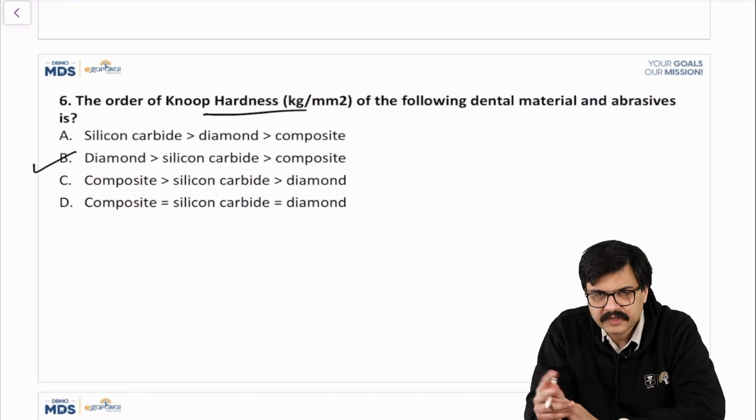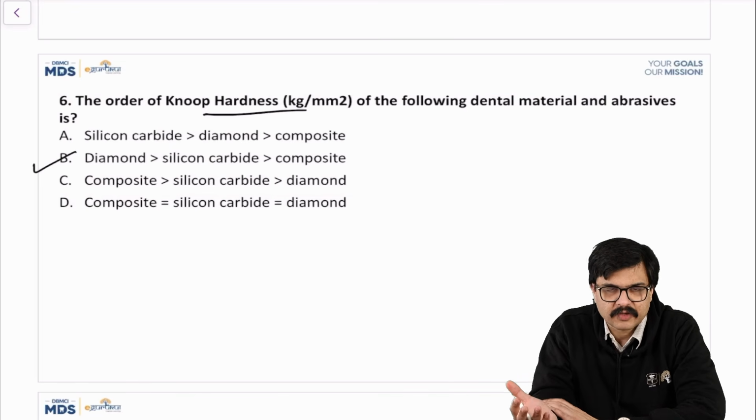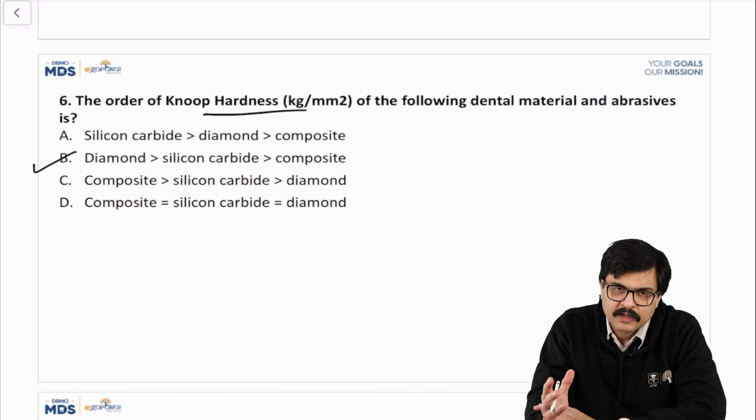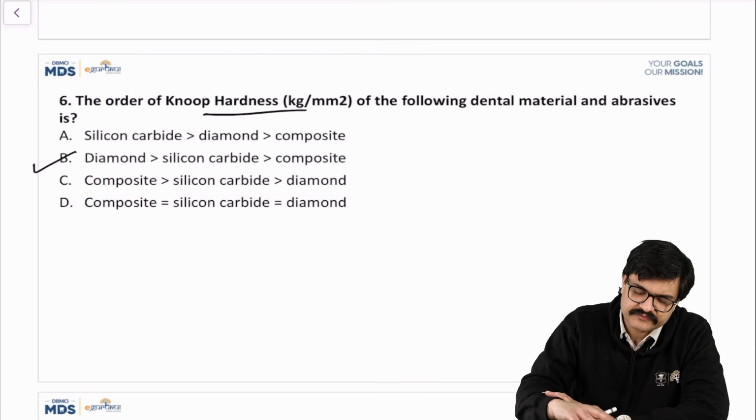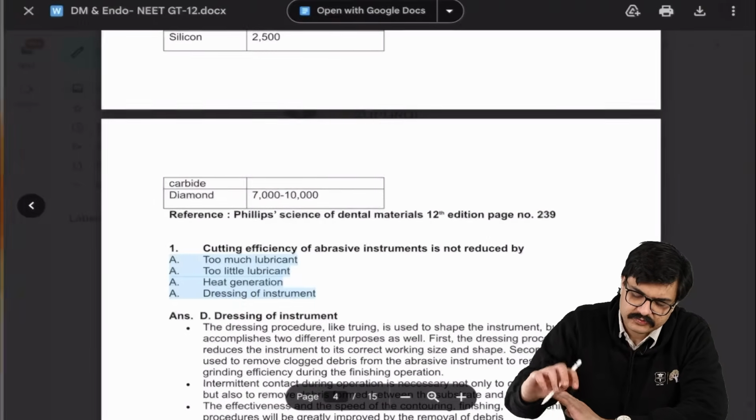So you have diamond, then silicon carbide, and then composite. That's the answer. Just because it's a PYQ, I've put this question here. The other important thing is no need to memorize the values. For your knowledge, we've provided you with the explanation as well. So just a quick review of that.